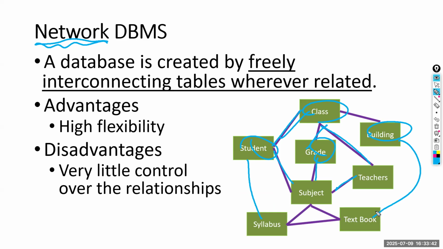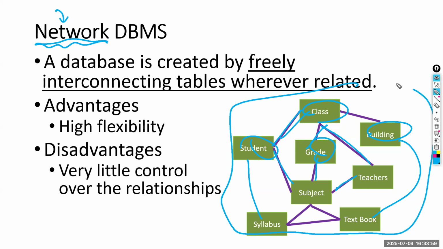Freely we can interrelate entities or tables. So this approach is called network databases. Again, network doesn't mean computer network. Your database is in one machine, but these tables are freely interconnected.